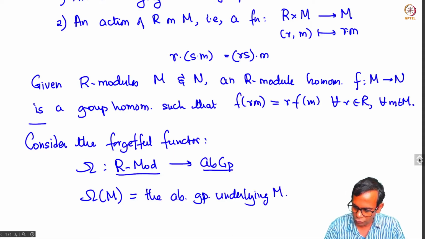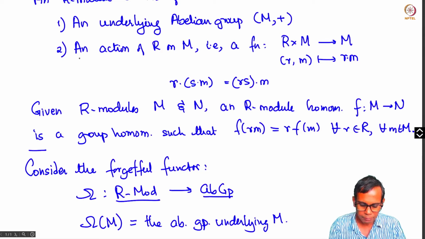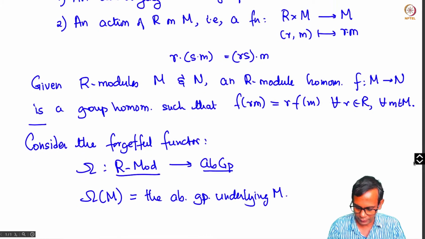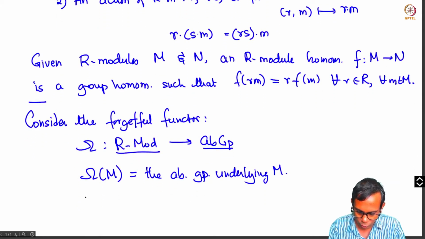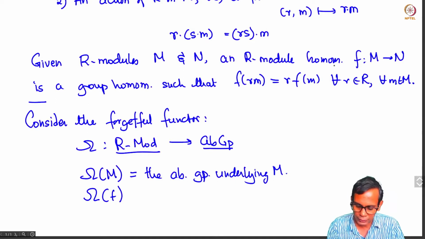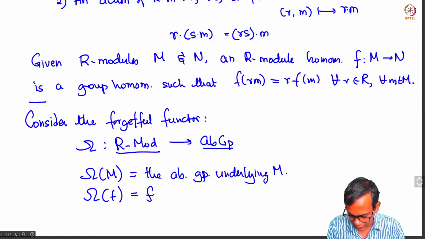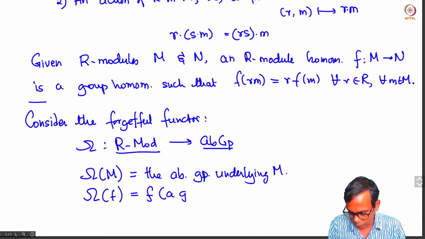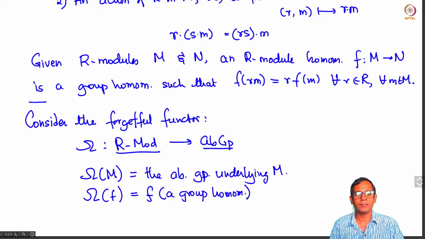So it's called forgetful because you're going to forget the second part of the data defining an R module, namely the action of R on M. And given an R module homomorphism, which we defined to be firstly a group homomorphism with the additional property that f(rm) is equal to r f(m), we'll just write f itself viewed as a group homomorphism. So that's the forgetful functor.